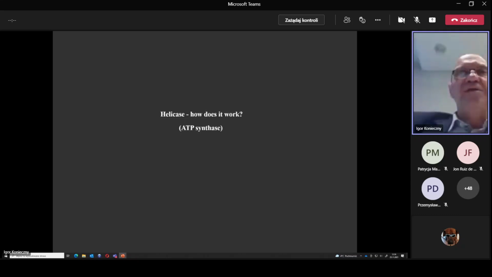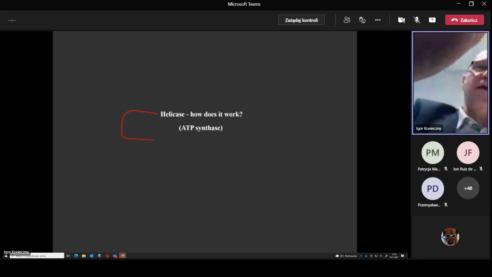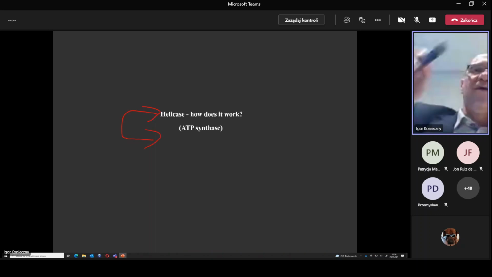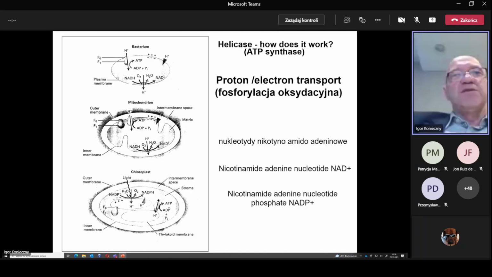It's going to be ATP synthase, and there are some similarities, or maybe not similarities, but it would show you how two enzymes can be catalytically similar, however would perform completely different work. So what is the connection? Okay, so ATP synthase is an enzyme which is important for ATP synthesis.